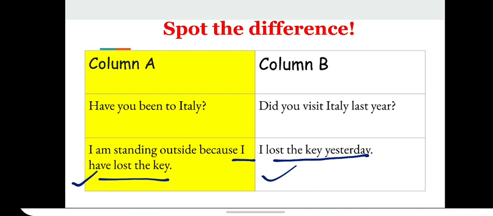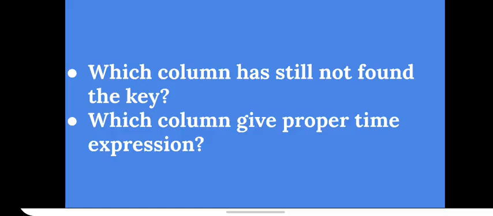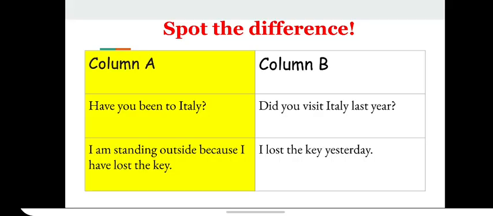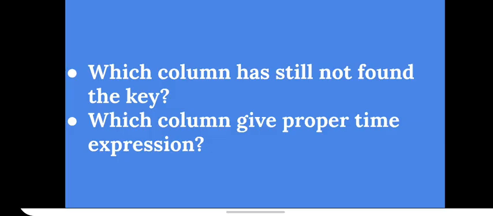Maybe he found it this morning, maybe he hasn't, but there is some possibility that he might have found his key back. This one clearly says that even now he doesn't have his lost key. So which column gives a proper time expression? Now we know this simply, it's column B, which is past simple tense.